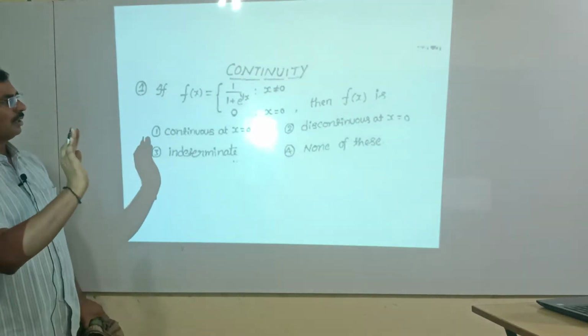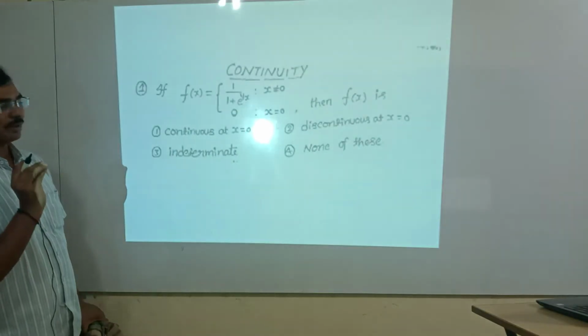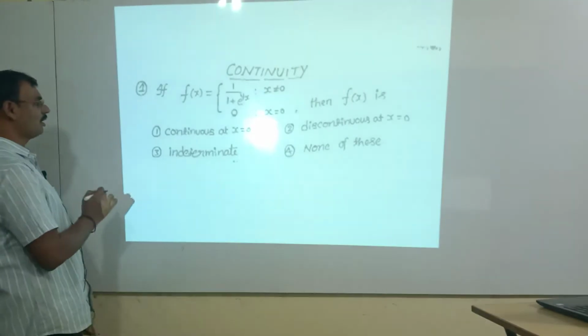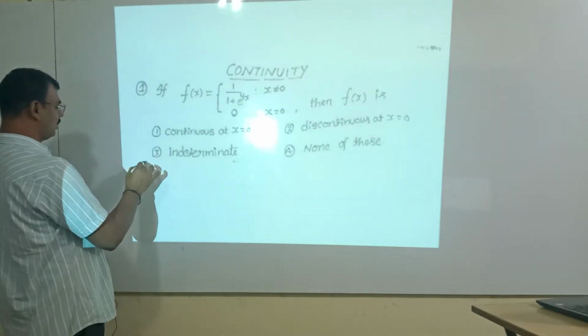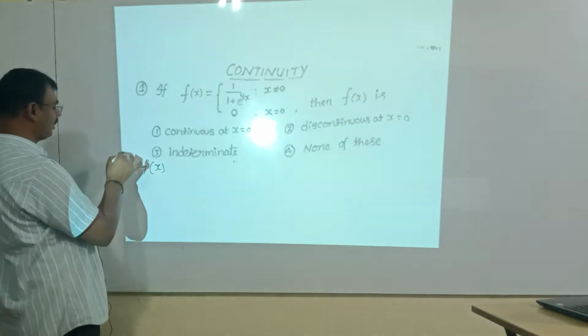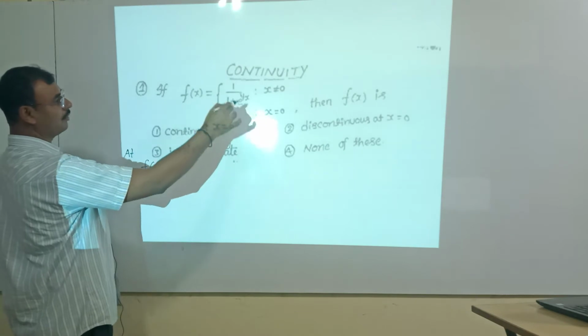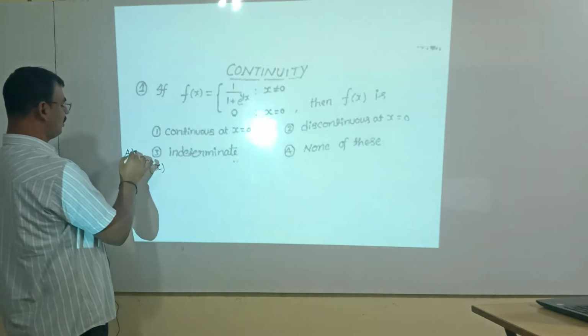We have to follow a method, methodically and mathematically, so that we never make a mistake. What is the method? The first thing is to find the value of f of x at the point we have to discuss, that is, we check at x is equal to 0.